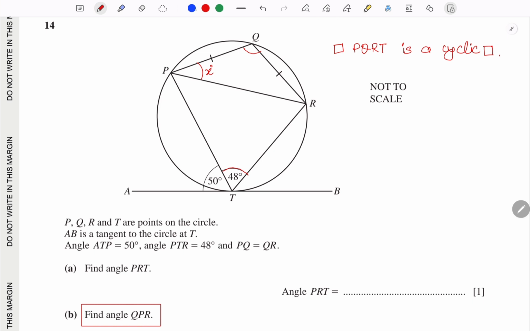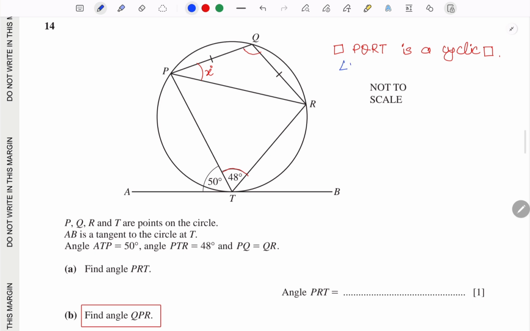So if I add this angle Q with the opposite angle, that is the angle PTR, I should get 180 degrees from the property of the cyclic quadrilateral. Here the value of angle PTR is already given as 48 degrees. So I can write angle Q plus 48 degrees will be equal to 180 degrees.